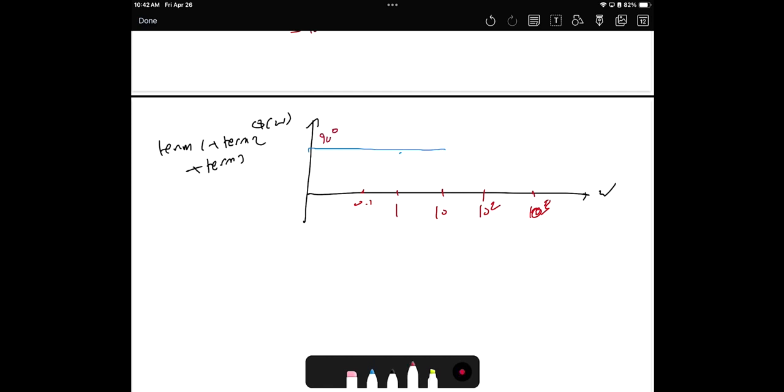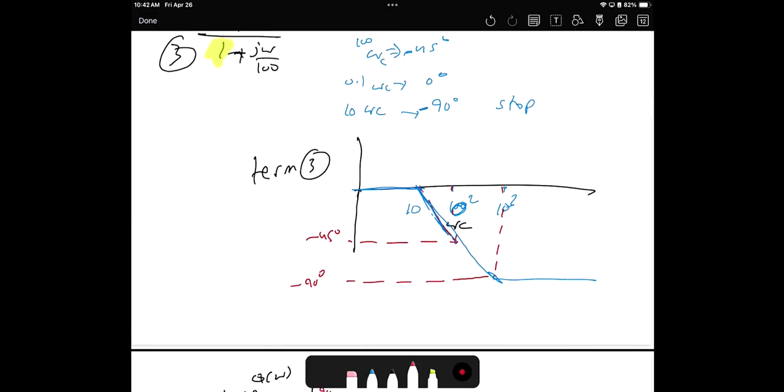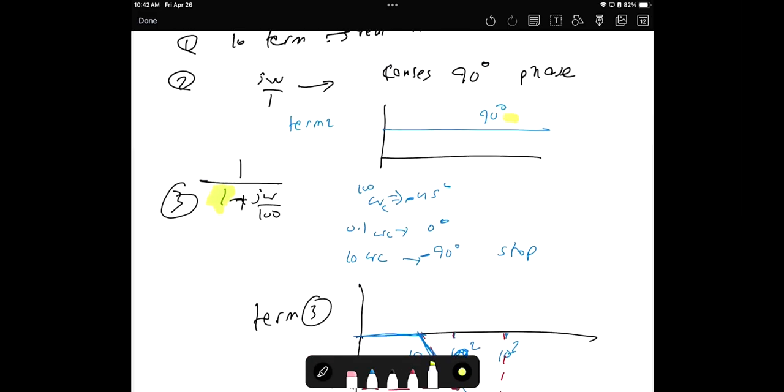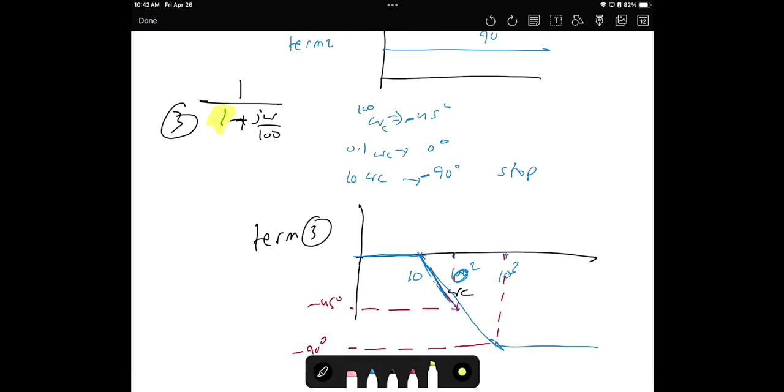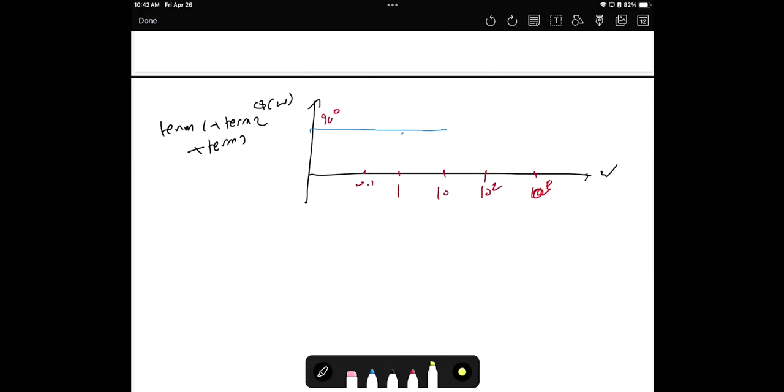Now at 10, what's going on? At 10, this is 90, maintained constant, and the other thing which is decay. So at omega c it will be negative 45. Negative 45 plus 90 will make it 45, right? So this will be slowly going down. So at omega c will be 45 degrees.